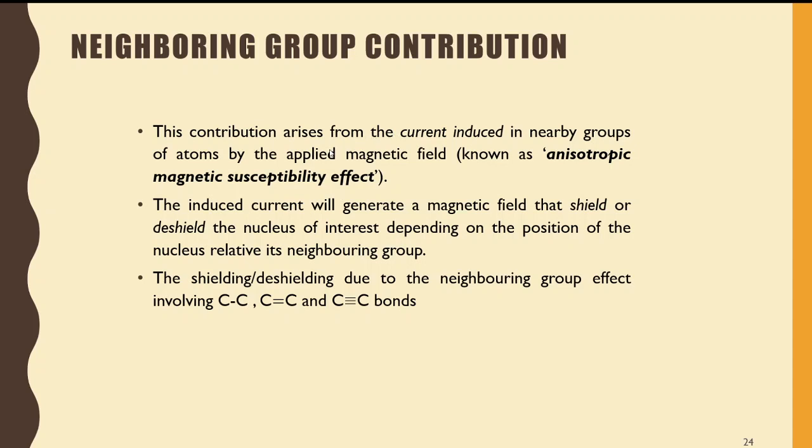You also have a contribution that arises from the current induced in nearby groups, known as the anisotropic magnetic susceptibility effect. The induced current will generate a magnetic field that shields or deshields the nucleus of interest depending on the position of the nucleus relative to its neighbor. So it depends on the kind of bonds that you have.